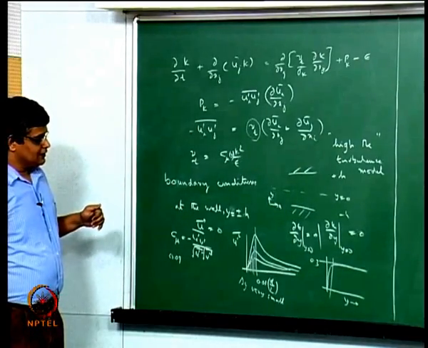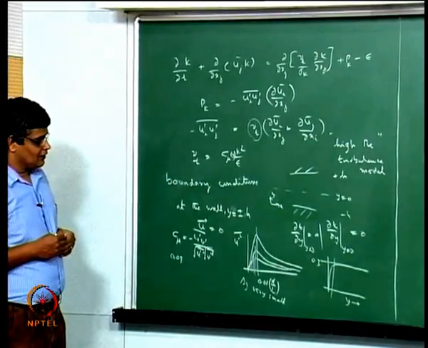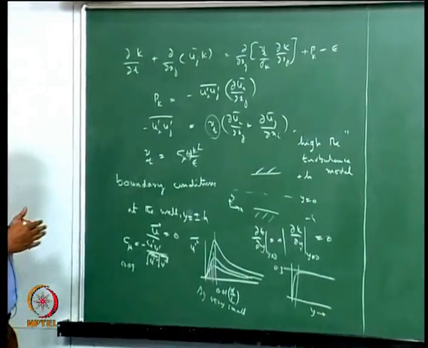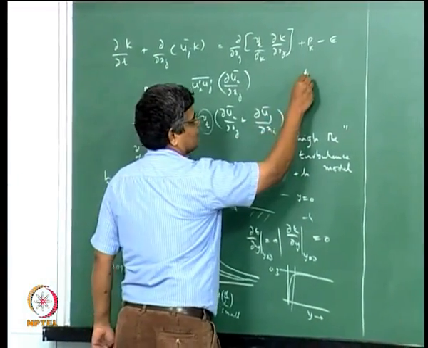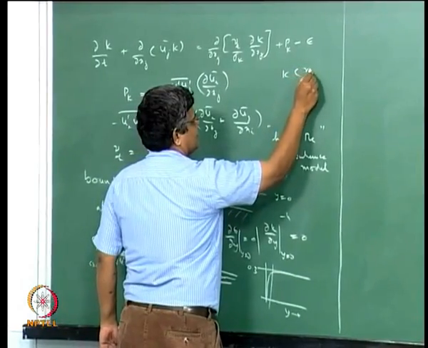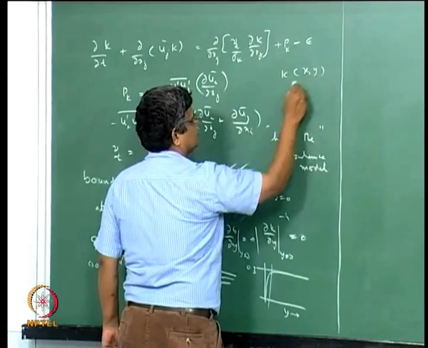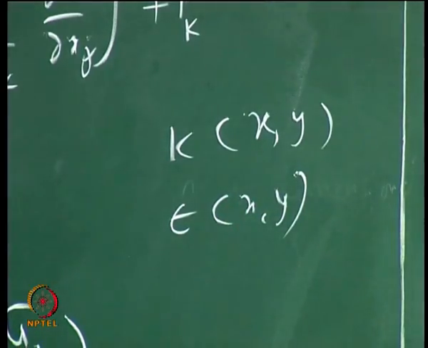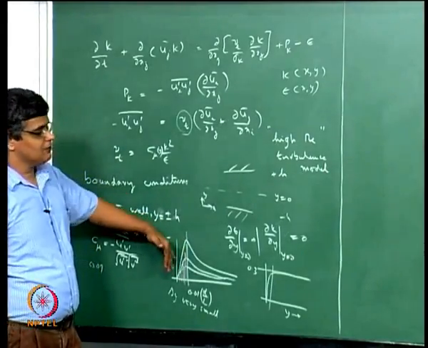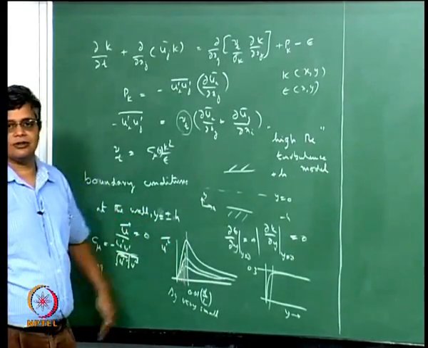So we start calculating the variation of k and epsilon, for example k as a function of x and y and epsilon as a function of x and y, only after a small distance from the wall.